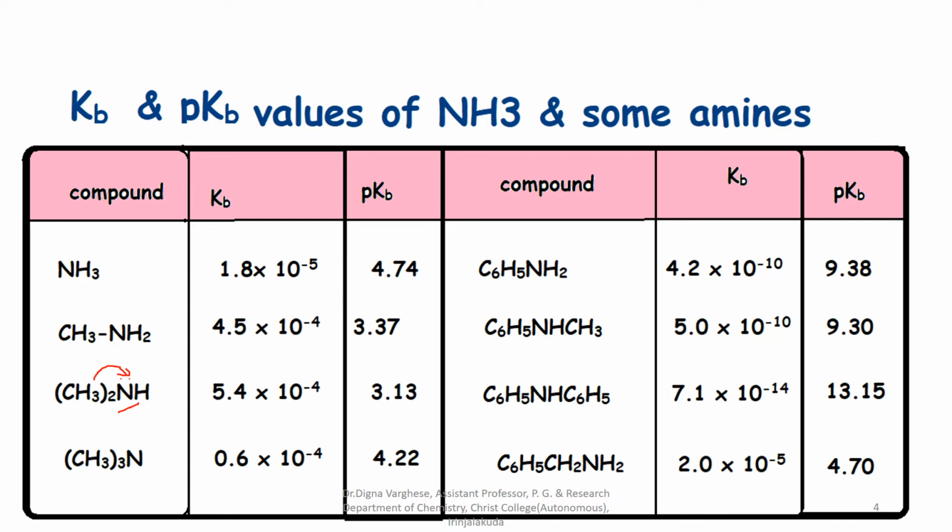In the case of ammonia, there are only hydrogen atoms. So with the electron withdrawing aromatic group attached to the ammonia molecule, the basicity decreases. But in the case of alkyl groups replacing the hydrogen atoms of ammonia, the basicity increases due to the increased electron density on the nitrogen atom.